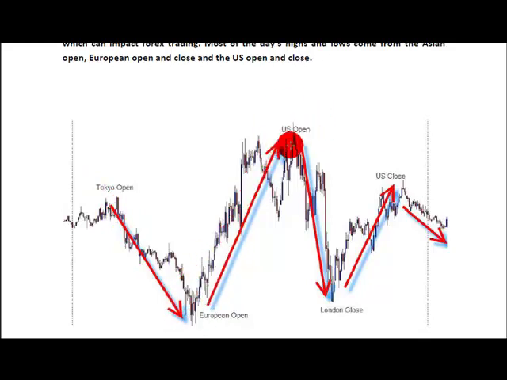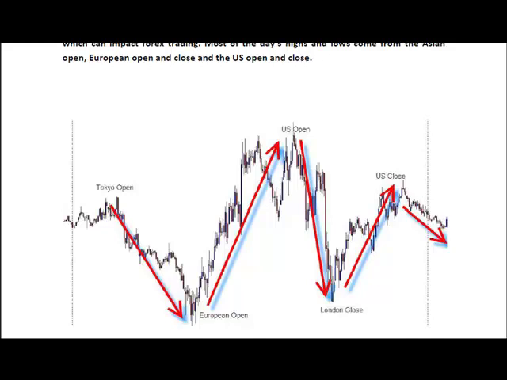The US open reversed that trend and pushed it downwards. Then the closure of London gave the US an opportunity to push the price back up again, and as the US closed, the price drifted slightly down again.